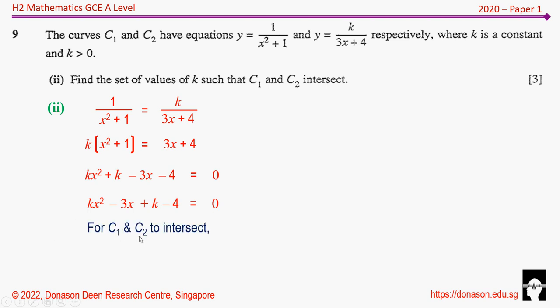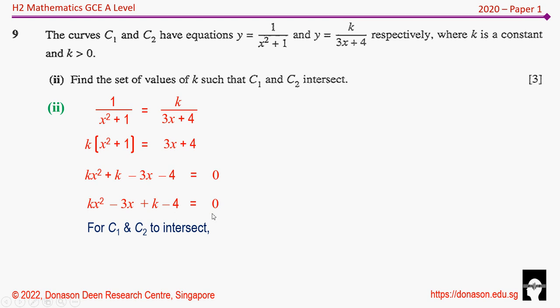Now, for C1 and C2 to intersect, if you want the two curves to intersect, the solution to this quadratic equation must be real, right? So, for solutions to be real, the condition is that the discriminant of this quadratic function should be positive.